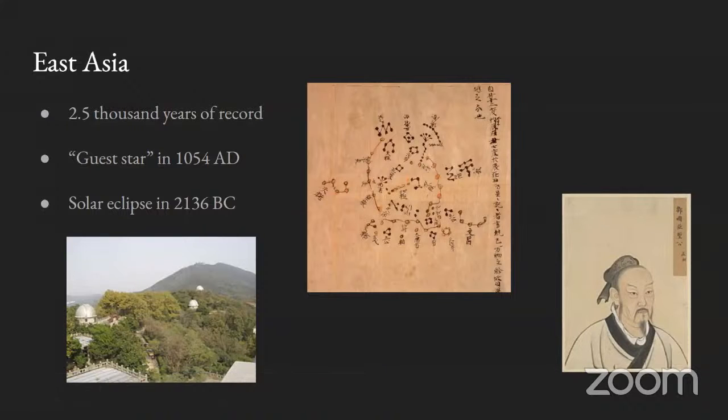So again, going very far back, they have a lot of accounts of both solar and lunar eclipses, actually having the first record of a solar eclipse in 2136 BC. And another very big event was in 1054 AD.